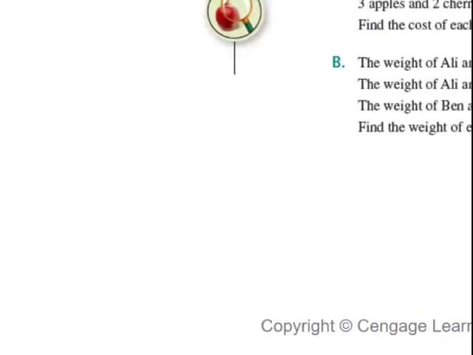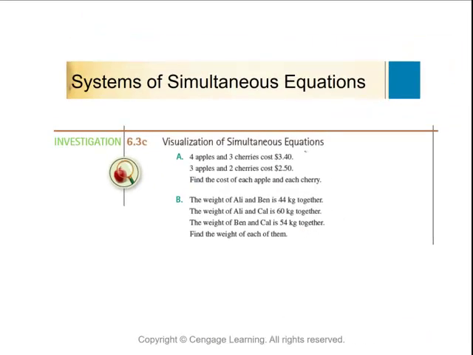So let's look at this solving of simultaneous equations. Right here, 4 apples and 3 cherries cost that much. Okay, so if I was going to do that, I'm going to say let's let x be the cost of apples, and let's let y be the cost of cherries.